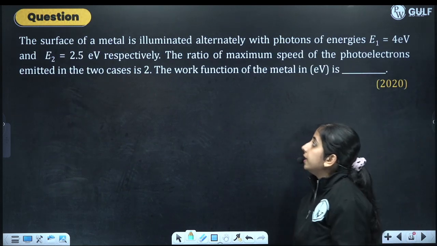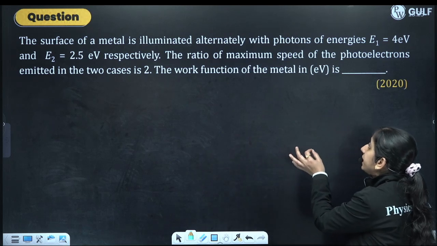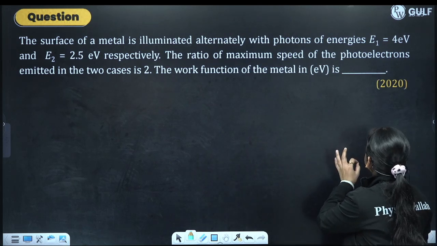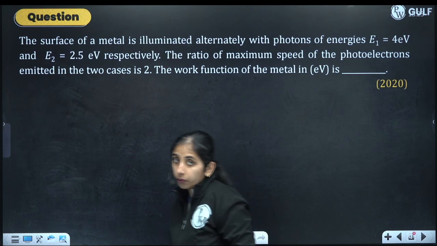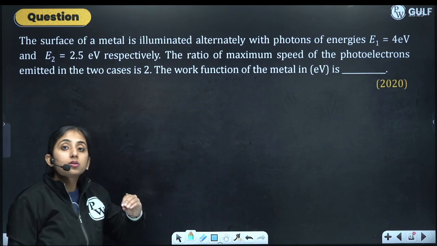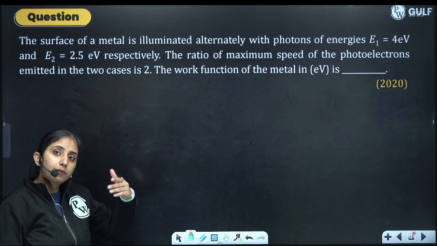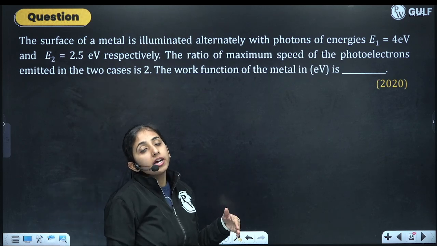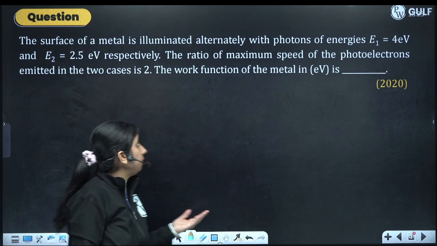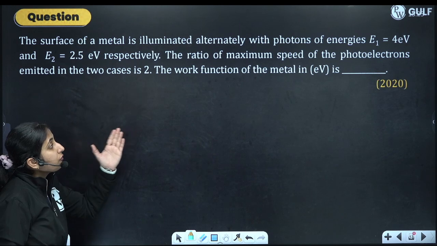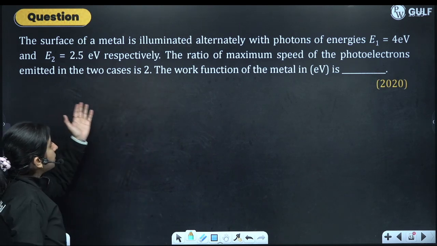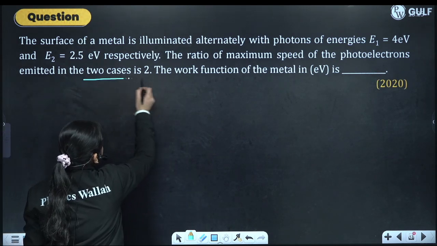Next question. The surface of a metal is illuminated alternately with photons of energy 4 electron volt and 2.5 electron volt. So first we incident light having energy 4 eV, then photons having energy 2.5 eV. The ratio of maximum speed of photoelectrons emitted in the two cases is 2.